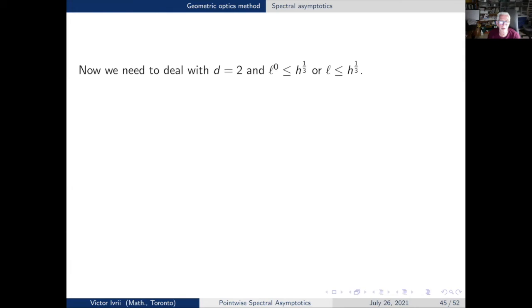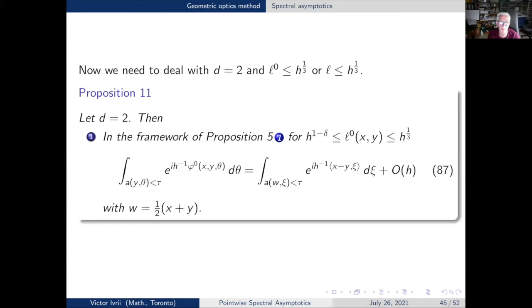Well, the case d equals 2 is a bit more complicated, so we need to deal with the fact that we cannot take x equals y. We need to take x1 plus y1. We cannot take the midpoint between x and y because x1 is positive and y1 is positive, but x1 minus y1 would be negative.